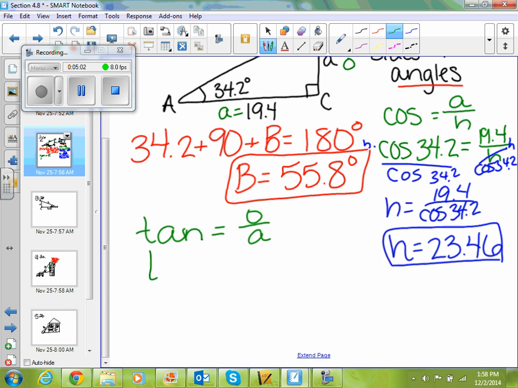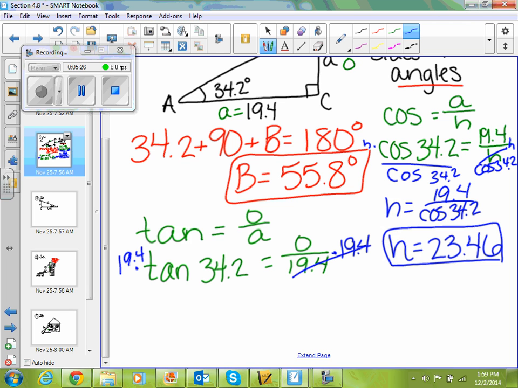So tangent of 34.2 degrees is equal to my opposite side, which I don't know, divided by 19.4. To solve that for your opposite, you multiply by 19.4 on both sides. So my opposite side is equal to 19.4 times tangent of 34.2 degrees. That's what you would plug into your calculator.